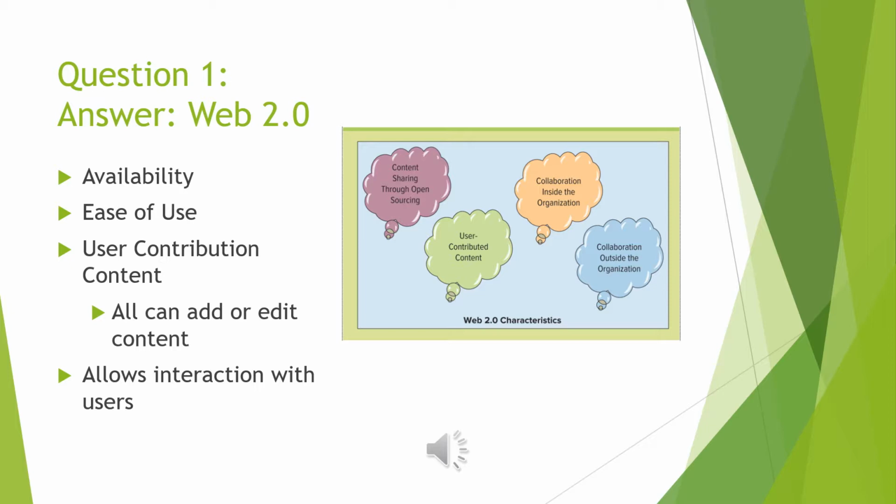You have the content sharing, collaboration. I thought this image from the textbook was actually really appropriate because Actionly is using these things, like the inputs of these different bubbles, to come up with the information that it does.